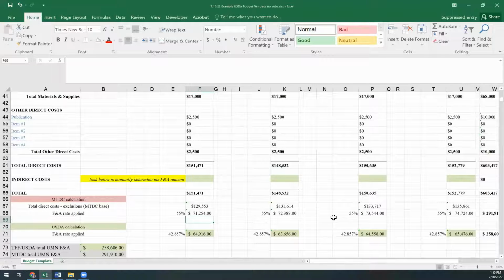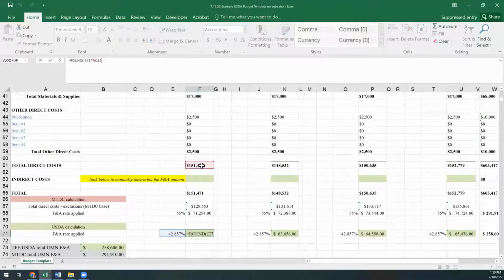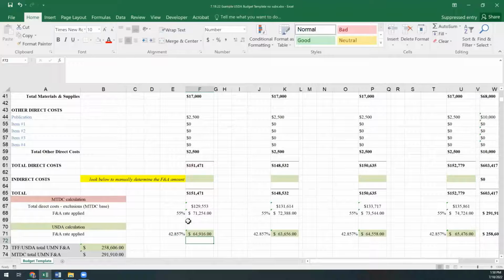Rows 70 and 71, however, are doing the USDA total federal funds calculation. Now remember, 30% total federal funds is equivalent to 42.857% of total direct costs. For the purpose of the budget template, we use the total direct cost calculation because it's simpler math. So you'll see here in this cell, we're taking our total direct costs times 42.857% to get the amount of F&A that we would be allowed to request in year 1 if we were using the USDA's method.